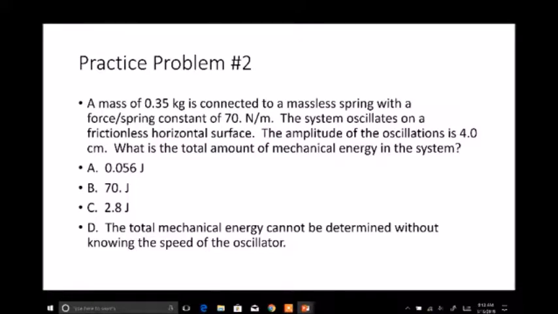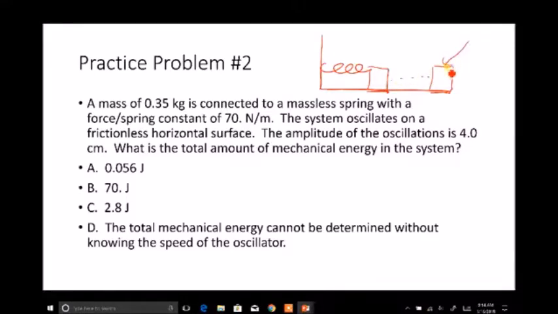All right, here's what we've got to think of. So we have this horizontal surface. Here's our spring. And let's say right now this thing is at equilibrium. So it's going to oscillate back and forth. When it's at its maximum oscillation distance, or its maximum amplitude, let's say somewhere over here, it stops.